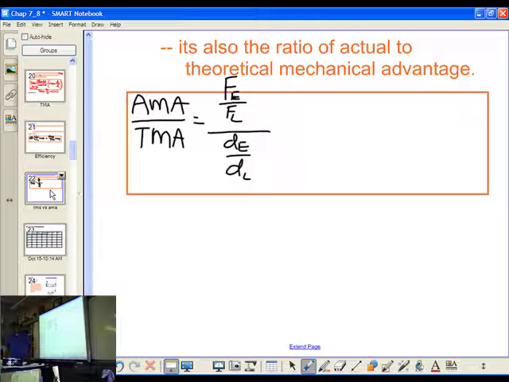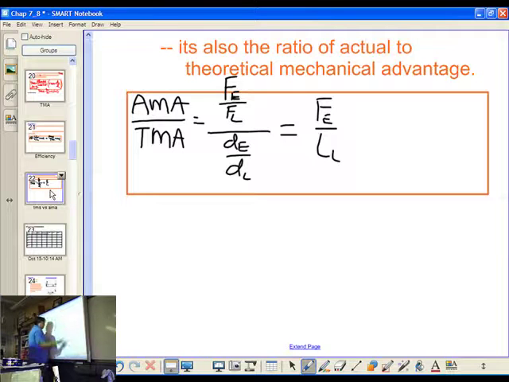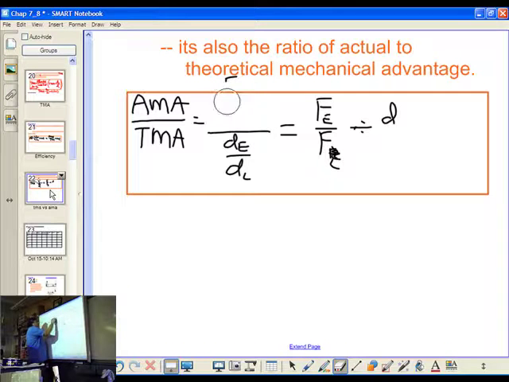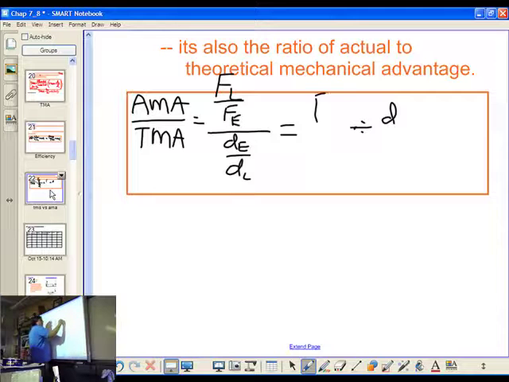I mean, that's what they equal. Actually, I did that one backwards, sorry. Load over effort.